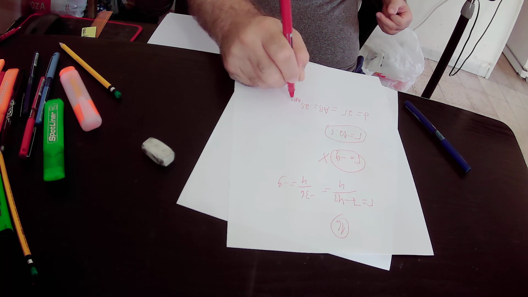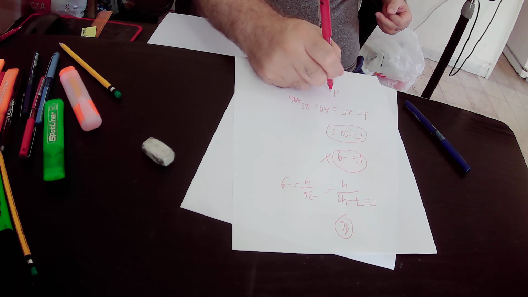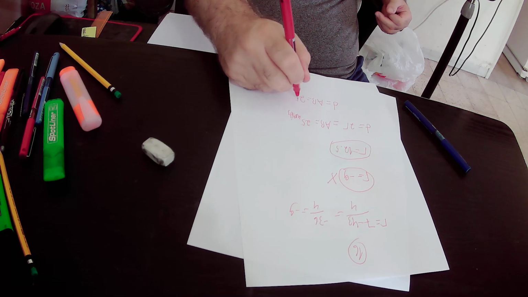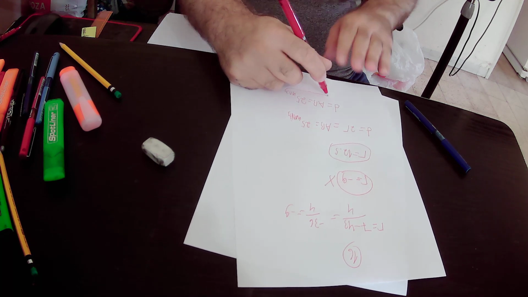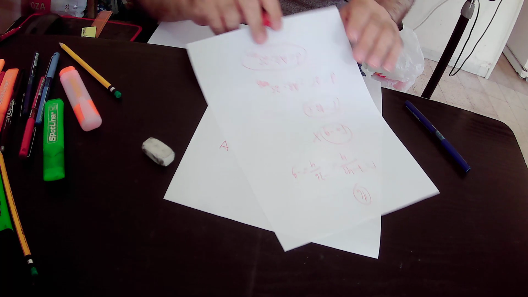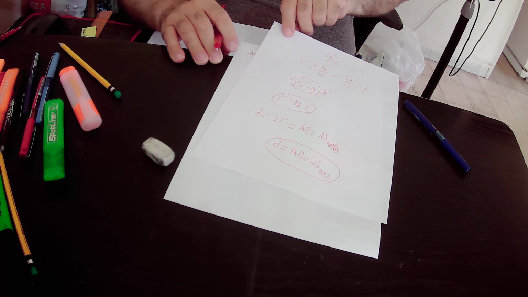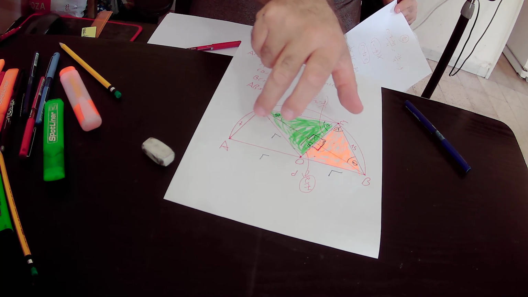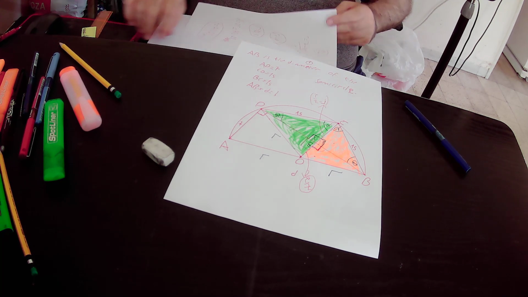So we found that the diameter of the semicircle, which is also equal to AB, equals 25 units. Okay, so that is the answer to the question.